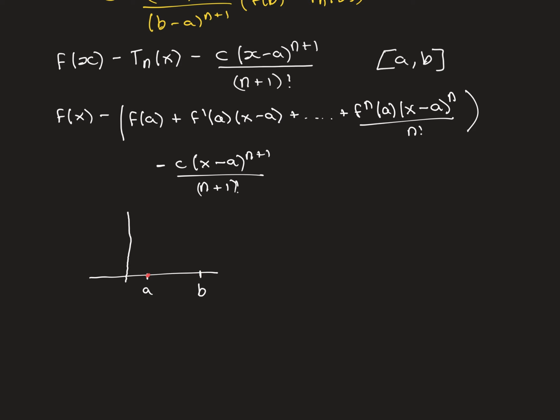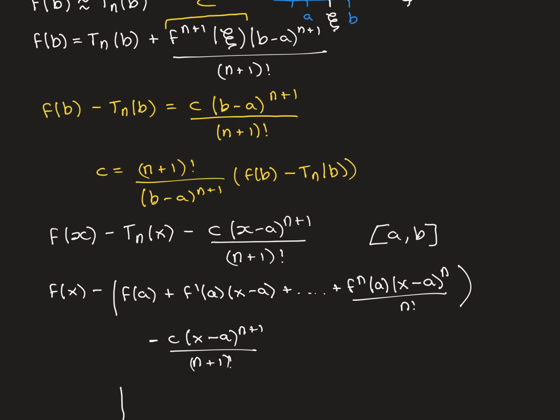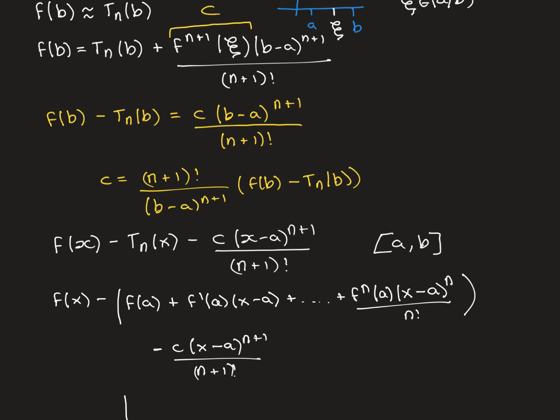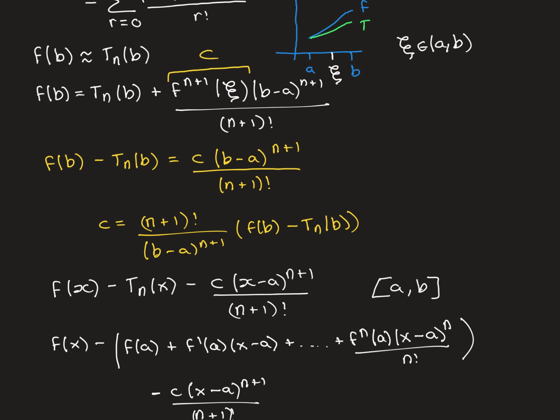And then what's its value at b? So we have f evaluated at b minus the Taylor polynomial evaluated at b minus this magic Taylor term. Now let's think about what this is going to do. If you put in b here, this goes to b minus a to the power of n plus 1 over n plus 1 factorial. But remember what c was defined to be. It is equal to the c that satisfies this equation. So it means that if you put in b into here, that's going to be equal to this bit here, which is equal to f of b minus T_n at b.